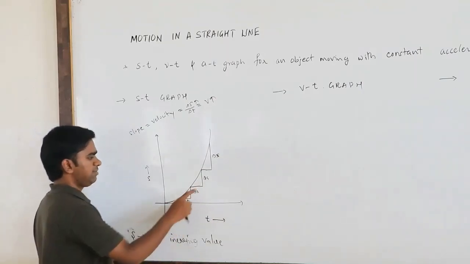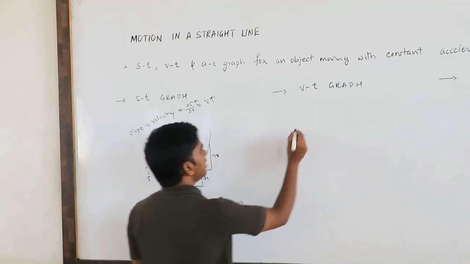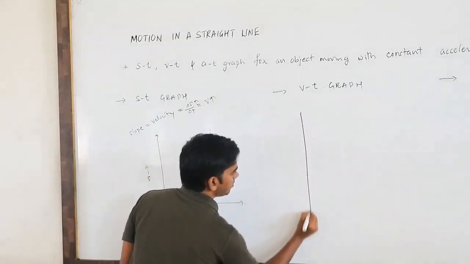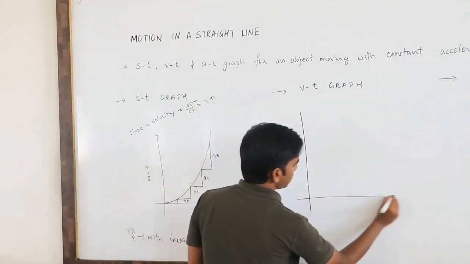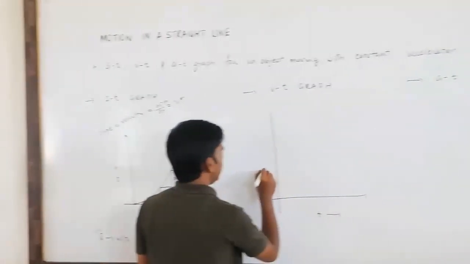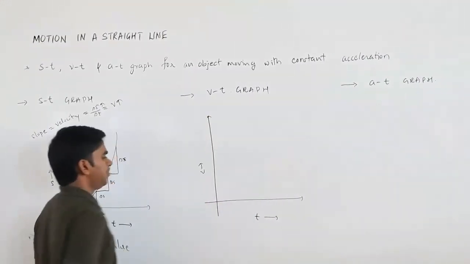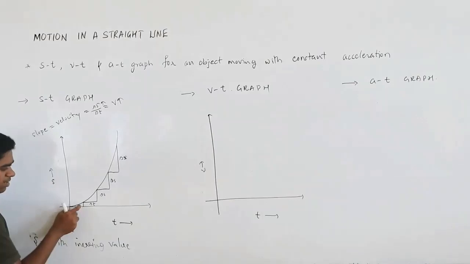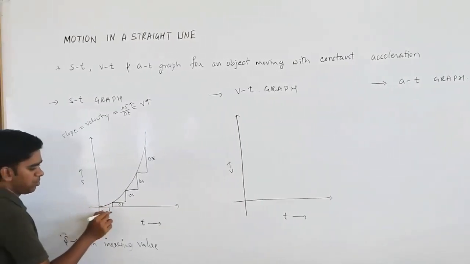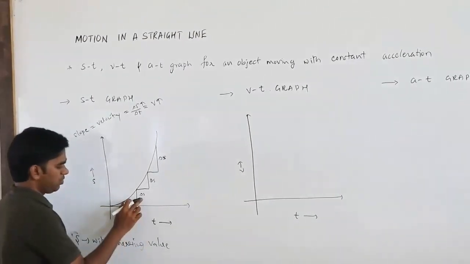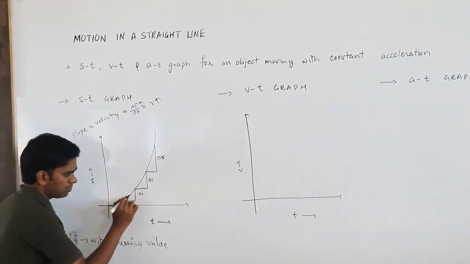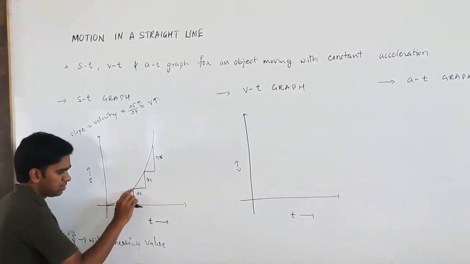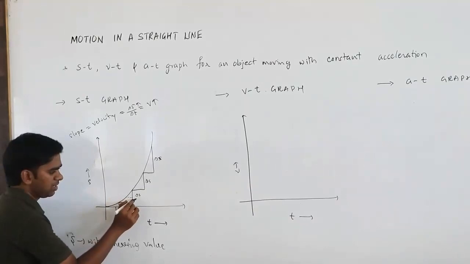So if I plot the graph of velocity-time for this one, I take time here and velocity over here. Now maybe if you consider this slope as 10, this should be what? If you look at the values, it is looking like double, so it may be 20.